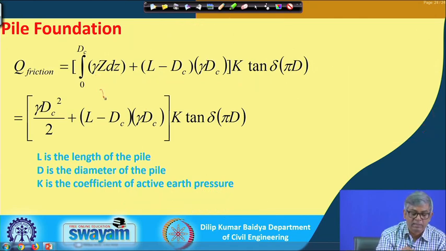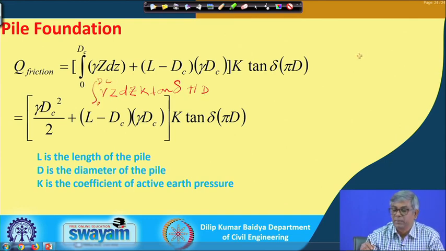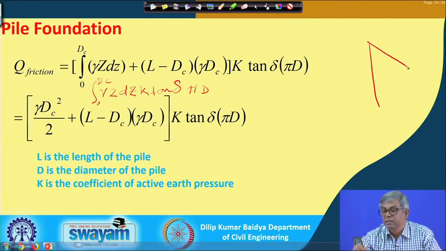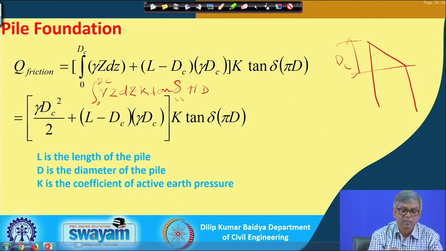So, it will be gamma times z dz multiplied by k tan delta pi d, and this will be from 0 to dc. So, that means when I am considering this is dc, this is pi times d.